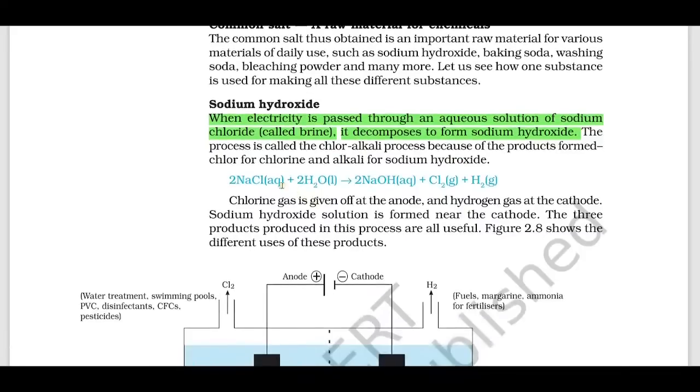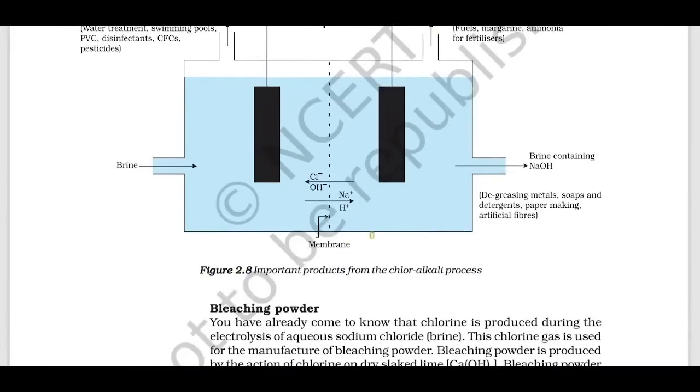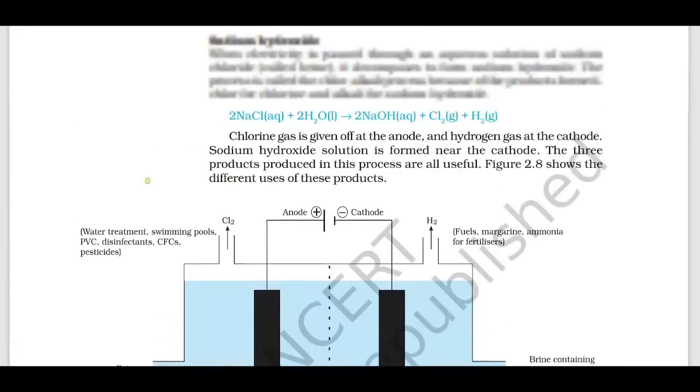This process is called the chloralkali process. The products formed are chlorine, hydrogen, and NaOH.